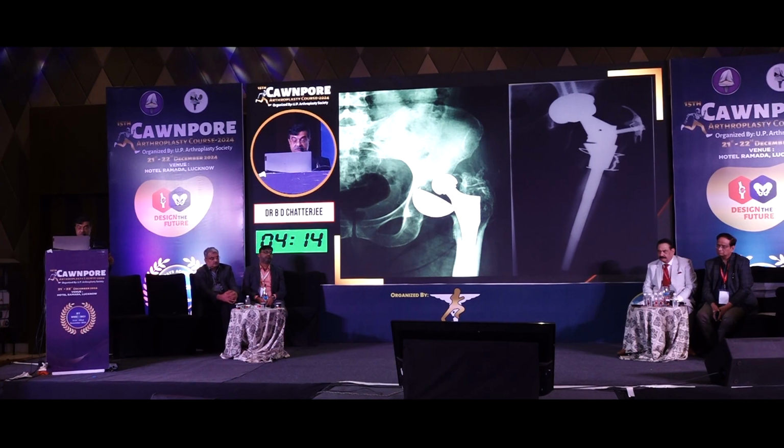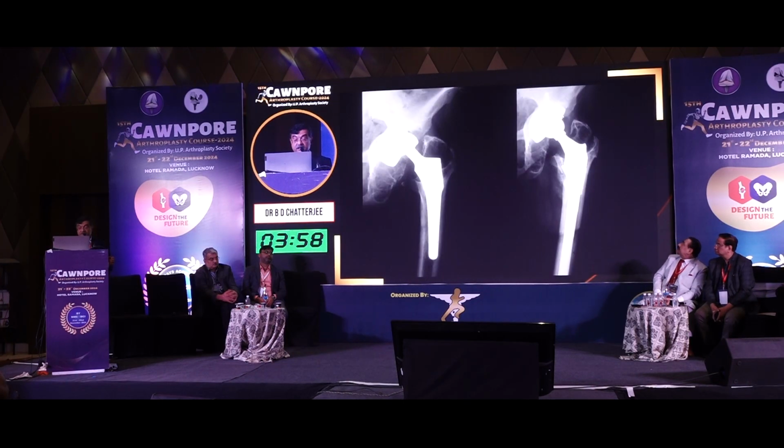Now, this was addressed with an S-ROM stem and an osteotomy, where you see the proximal fixation with the sleeve, which osteointegrates, and the distal fixation with the fluted stem. And importantly, this is version modular, so you can actually adjust the version by trial and error.